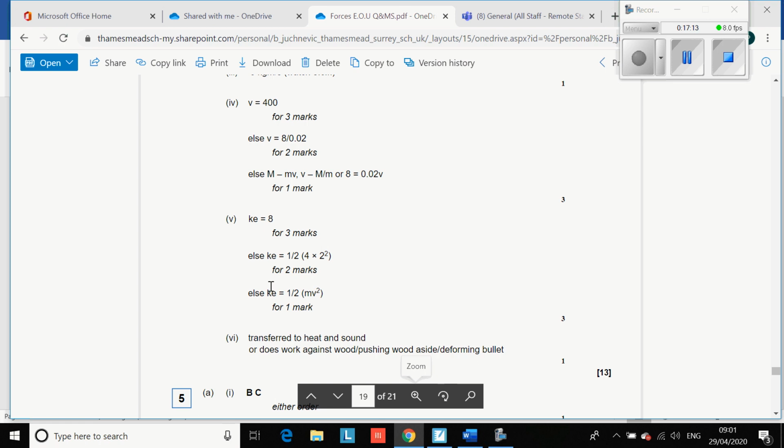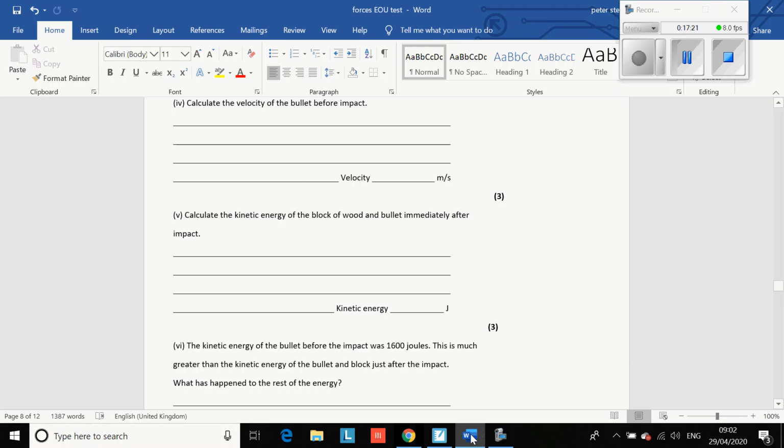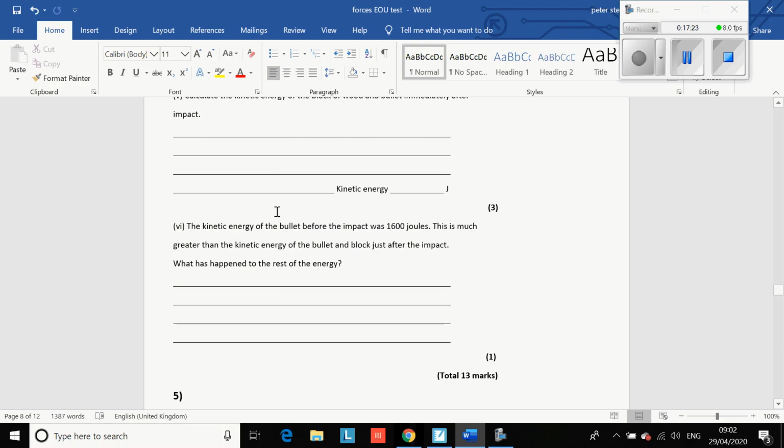So if you do your calculations but get it wrong, you can still have 2 of the marks, but the kinetic energy was 8 joules. And then finally, the question was, the kinetic energy of the bullet before the impact was 1,600 joules. This is much greater than the kinetic energy of the bullet and block just after the impact. What happened to the rest of the energy?